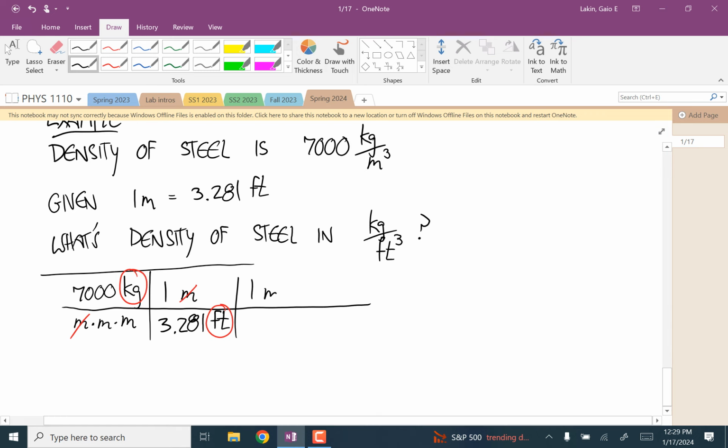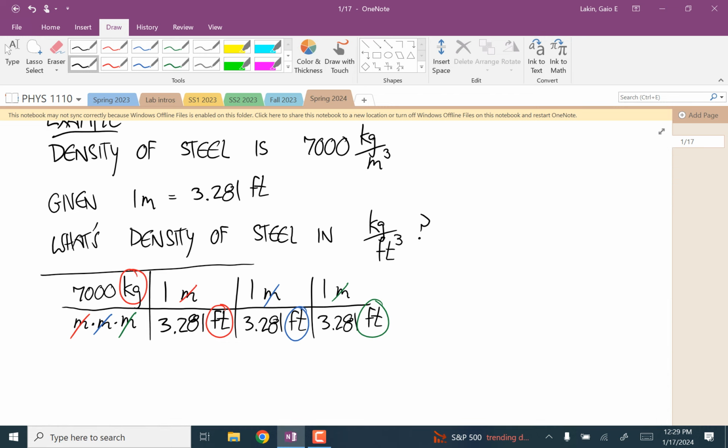And then I'll do it again. 1 meter over 3.281 feet. That cancels the second one. There's one more left to do. 1 meter over 3.281 feet. That cancels the last one.